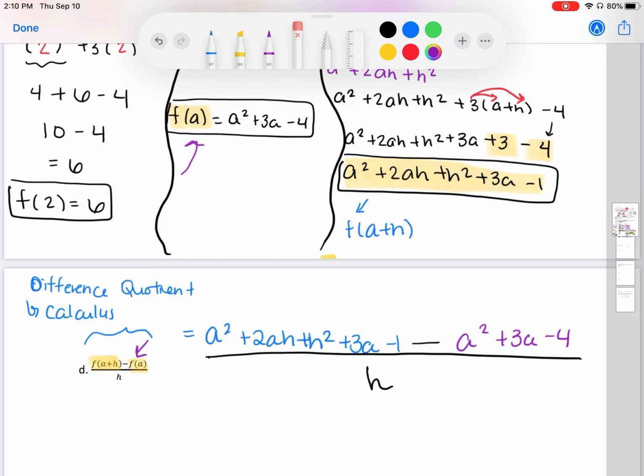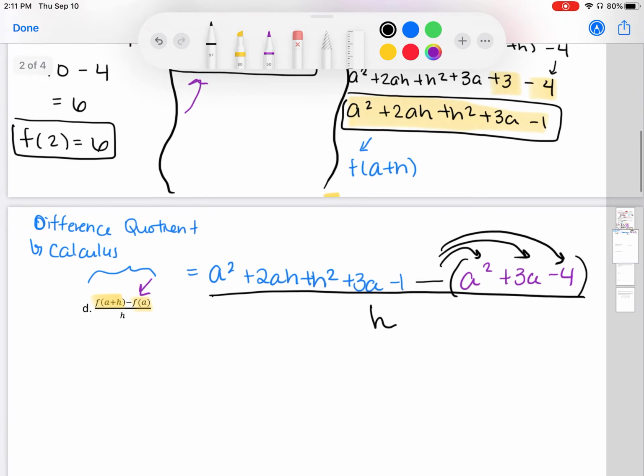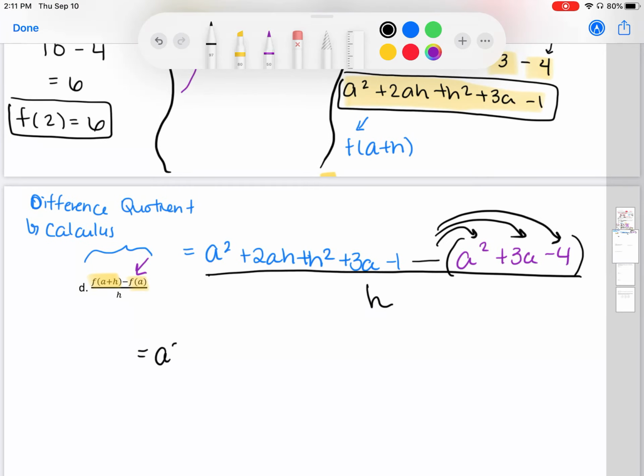First of all, I have to distribute that negative, so that we have a squared plus 2ah plus h squared plus 3a minus 1 minus a squared minus 3a plus 4.